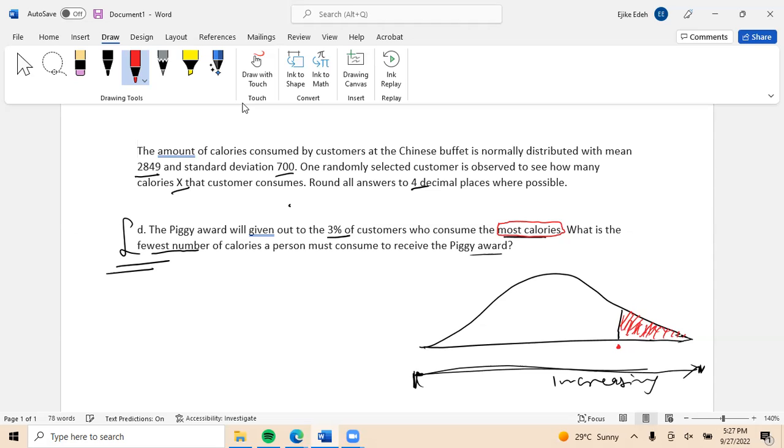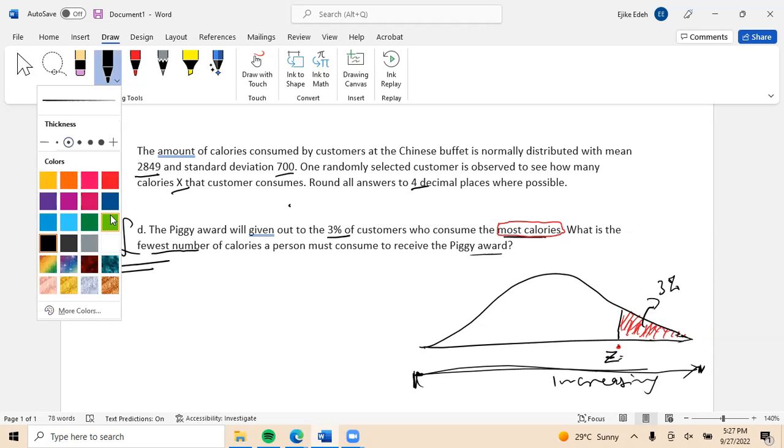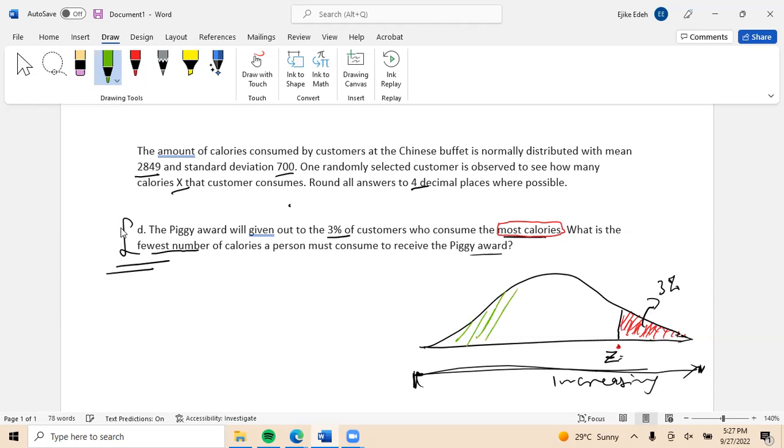So if we know that this is 3%, we're looking for the number of calories here, but first you're going to use the table, and you have to find the Z value that is equivalent to this first. And then when you get the Z value, you convert to calories. Remember, as we've said over and over again, that the table shows you the area from the left tail.